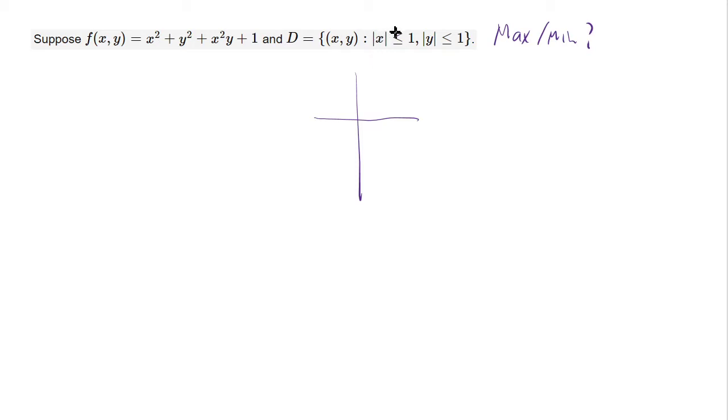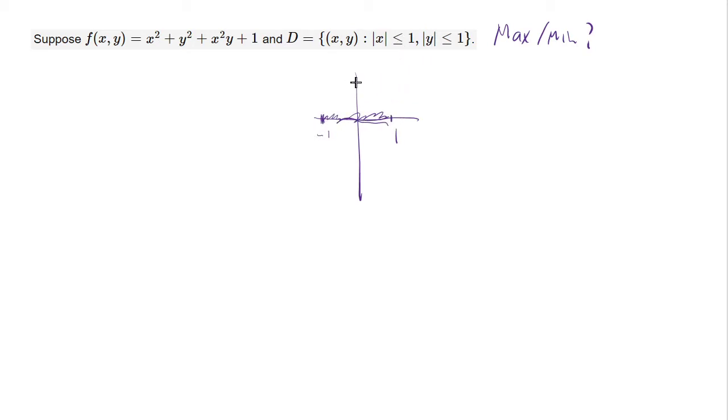Absolute value of x less than or equal to 1 means x has to be between negative 1 and 1. You can't be negative 2, because the absolute value of negative 2 would be positive 2, and that's not less than 1. So x must be between 1 and negative 1.